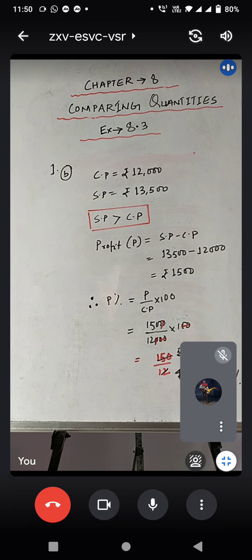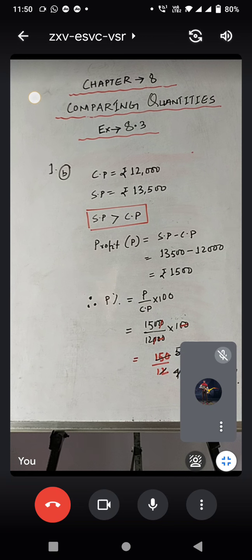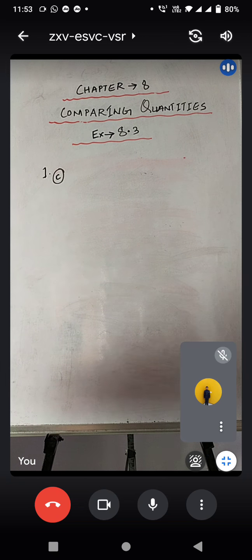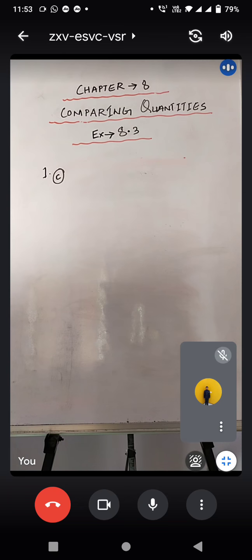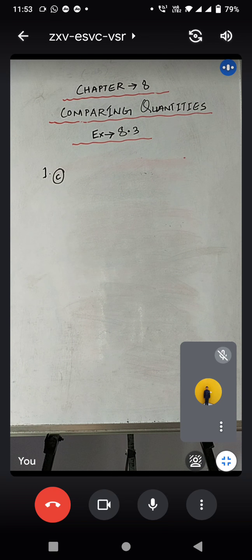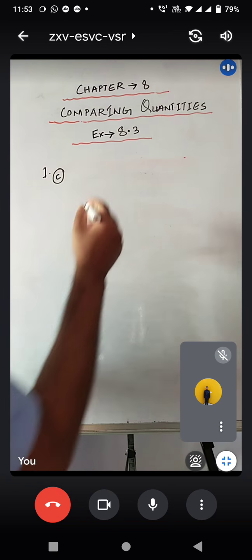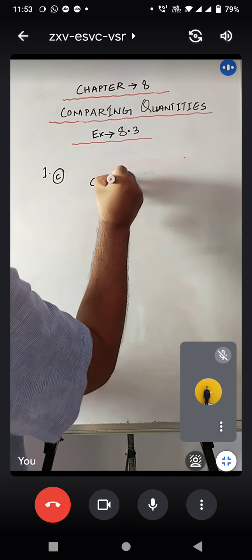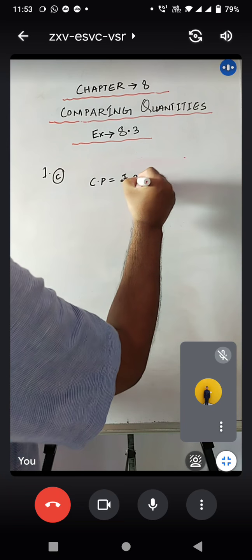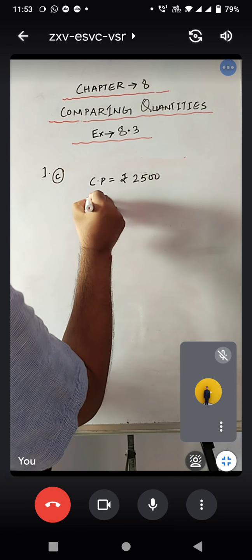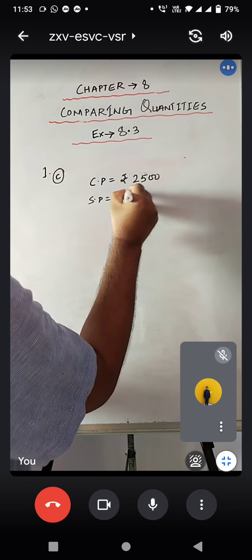Now let's move on to sum number C. In sum number C, we have a cupboard bought for rupees 2,500 and sold at rupees 3,000. So again we have cost price equal to rupees 2,500 and SP given as rupees 3,000.